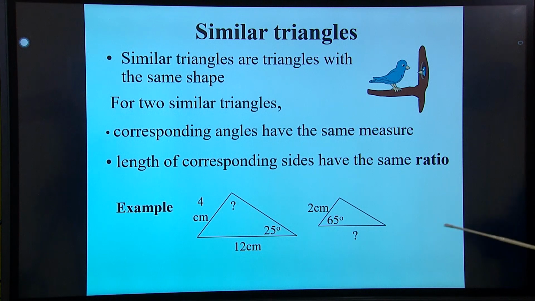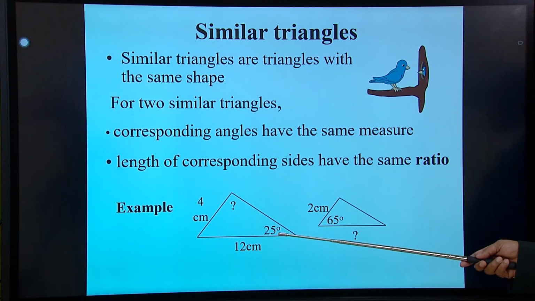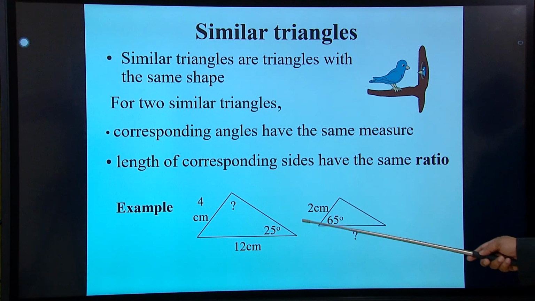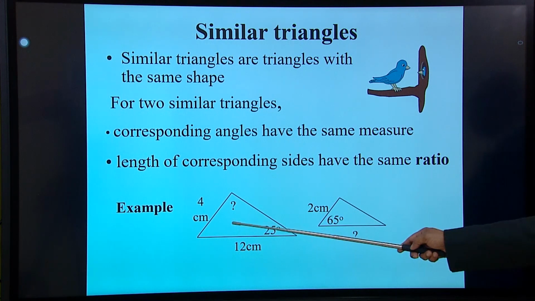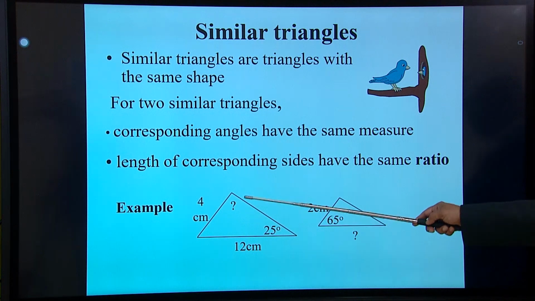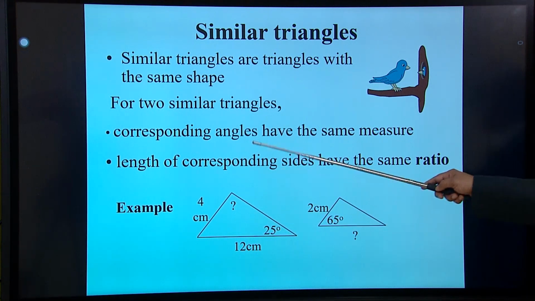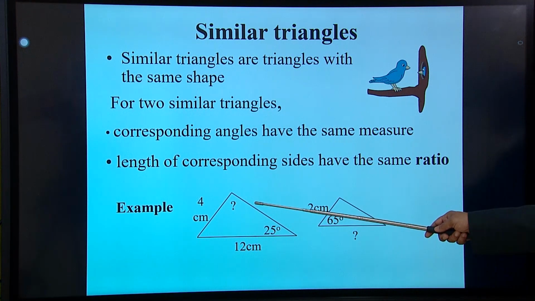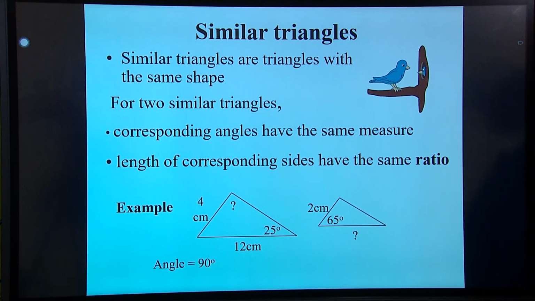Let's say I have two triangles, and they are similar. That means the angles in both triangles should be equal. So if this is 25, and that's 65, so that should be 65. And the sum of angles for a triangle we know is 180 degrees, so that's got to be 90 degrees. So we can work that out.